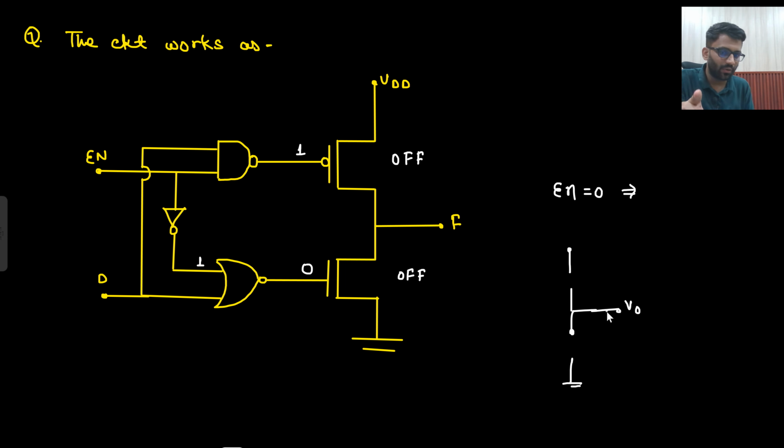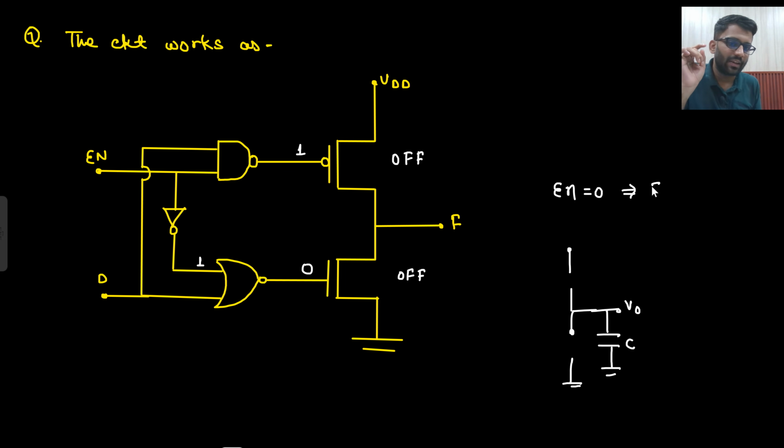So at the output, you can always assume some parasitic. If I am assuming parasitics, that means this capacitor is open-ended now. If this capacitor is open-ended, what does it mean? It is holding its previous value. Whatever the value was there, it is holding its previous value.